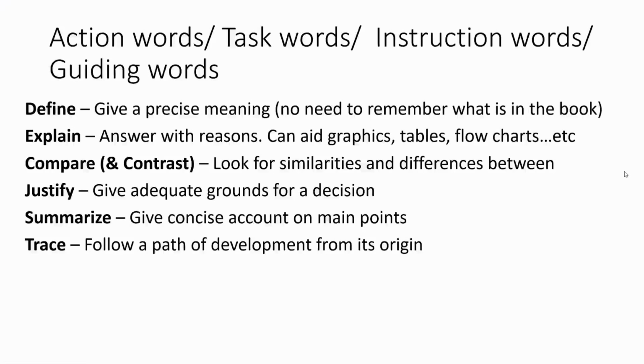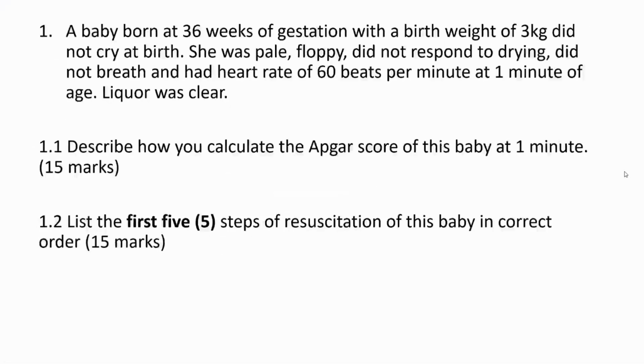You give adequate grounds for your decision. You make a decision if the question asks you to justify your answer. Summarize is to give a concise account of the main topic. Trace is to follow the path of development of something from its origin.